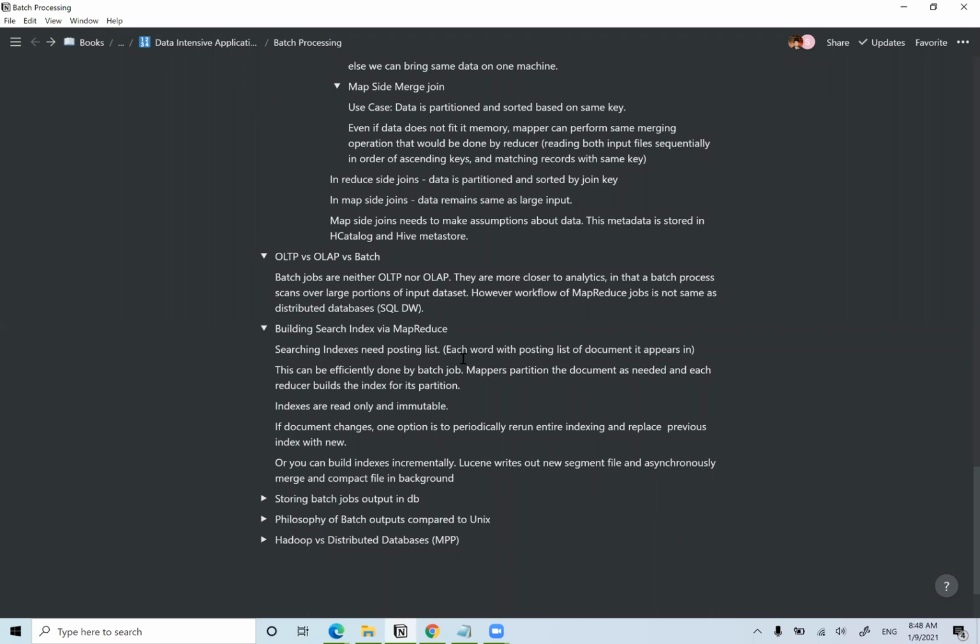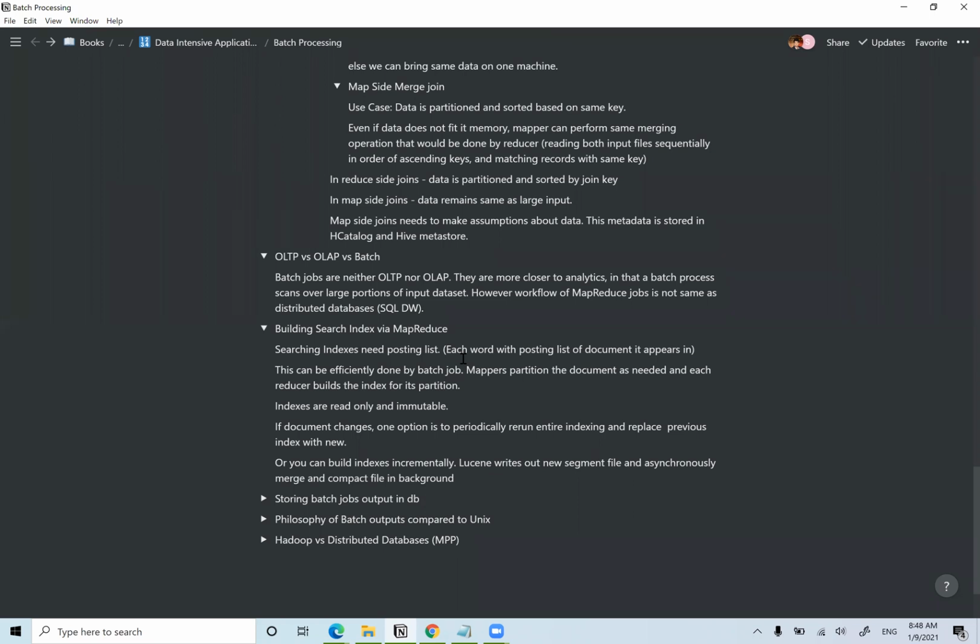Generally these indexes are read-only and immutable. So if a document changes, one option would be to run these indexing jobs periodically after some interval of time, and then replace the index with the new one you have built, right?